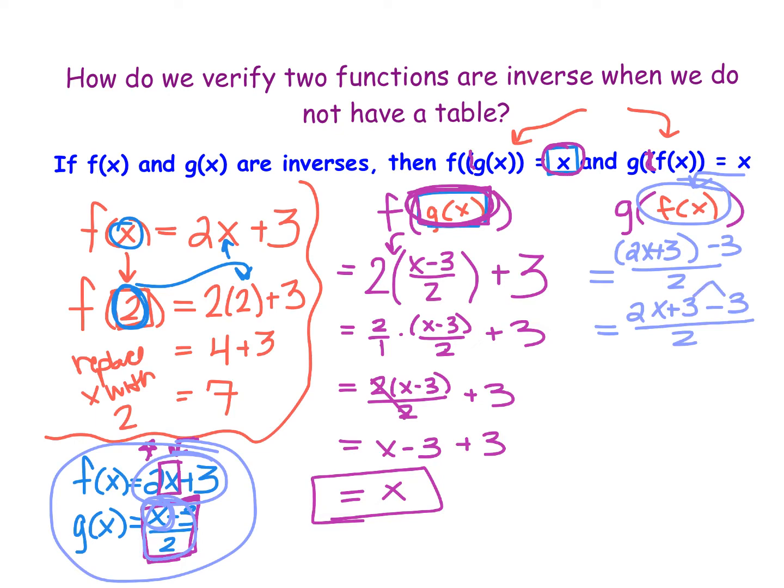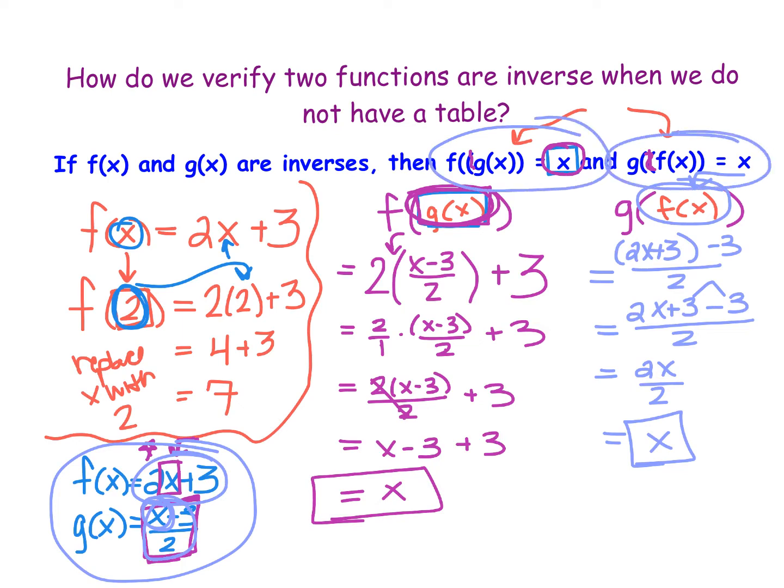Well, plus 3 minus 3 equals 0 up in that numerator, so I'm left with 2x over 2, which simplifies down to x. So because both f of g of x and g of f of x happen to equal x, these two functions are in fact inverses of each other.